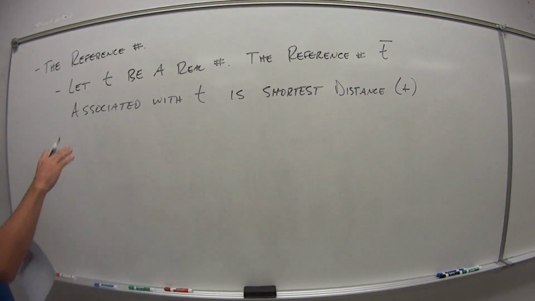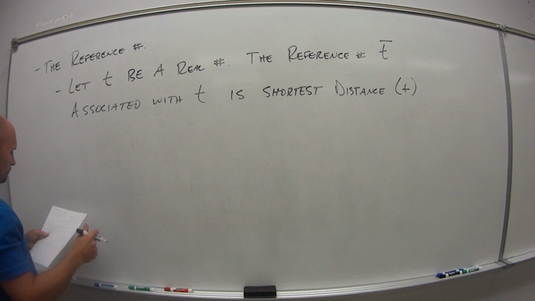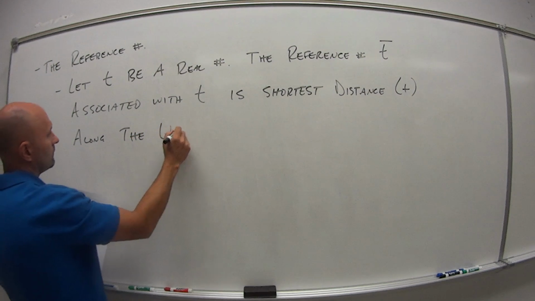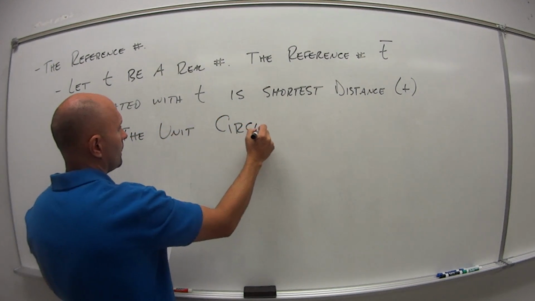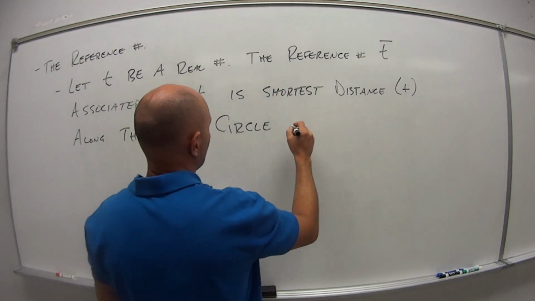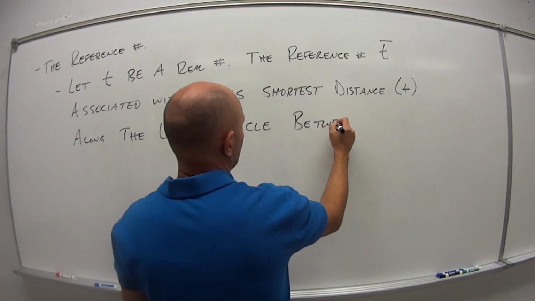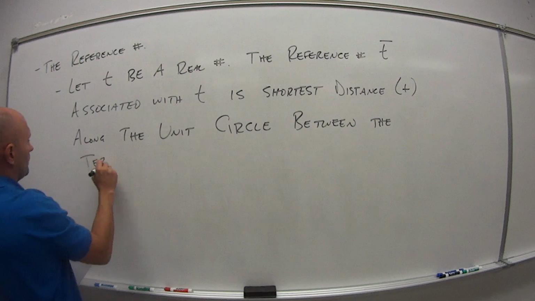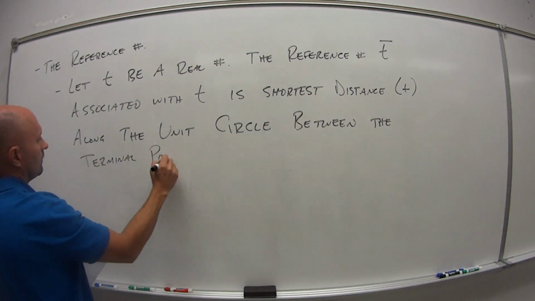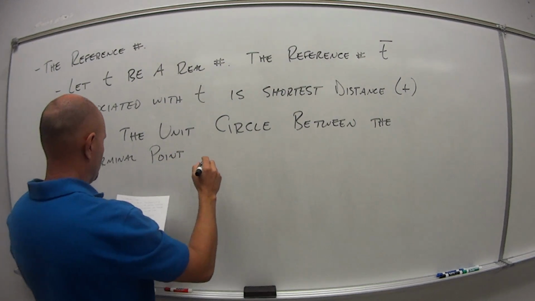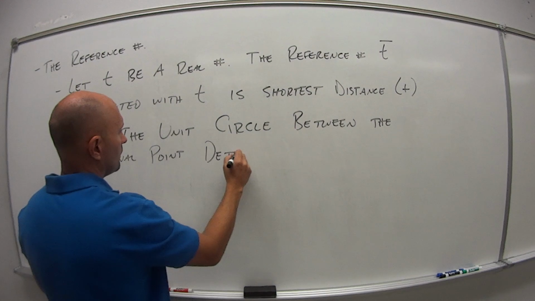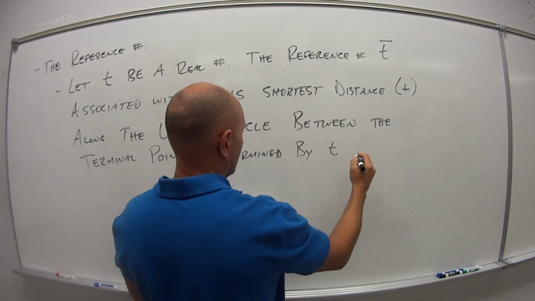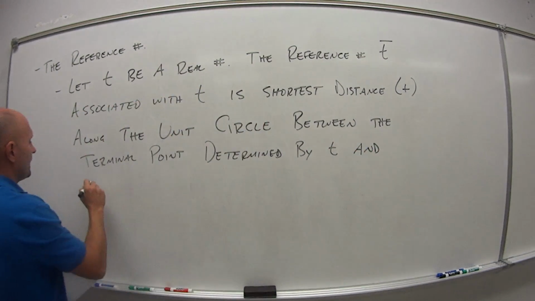So a reference number, the reference number t bar associated with t is the shortest distance along the unit circle between the terminal point determined by t and the x-axis.